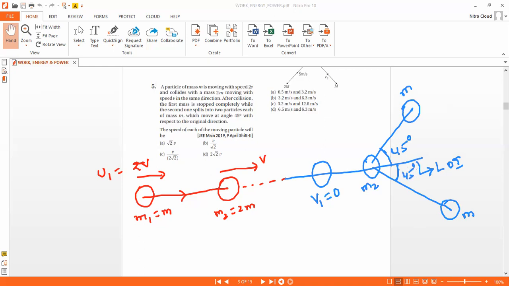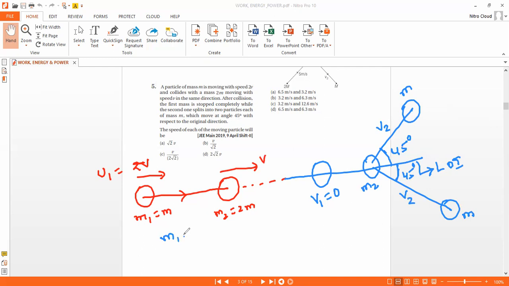Now, what will be the speed of each moving particle, we need to find. Let us consider this one as v2, and this is also v2. Here I can say that it is an oblique collision. In an oblique collision, momentum will be conserved, but energy will not be conserved.